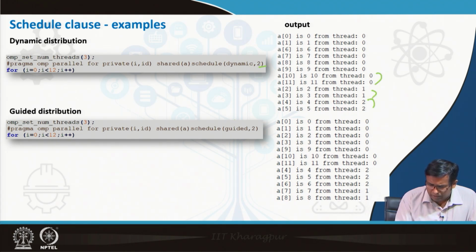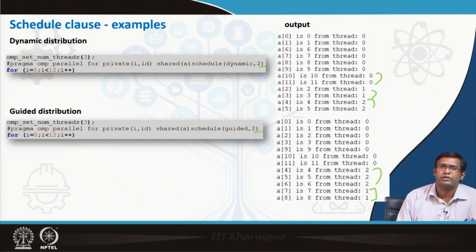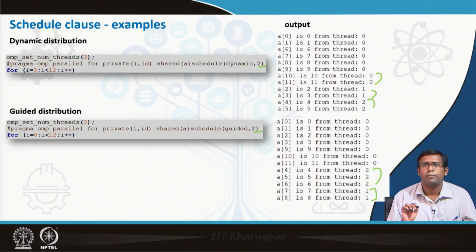In guided with minimum 2, it is assured that at minimum 2 iterations will go to one thread, but there can be different numbers of iterations; 3 iterations are going to this thread, a different number to another thread. They do not assure load balancing in a bookkeeping sense, but they assure load balancing looking into the hardware capacity of different systems.